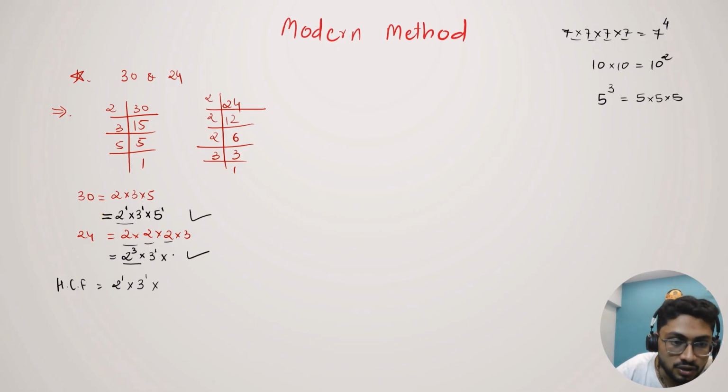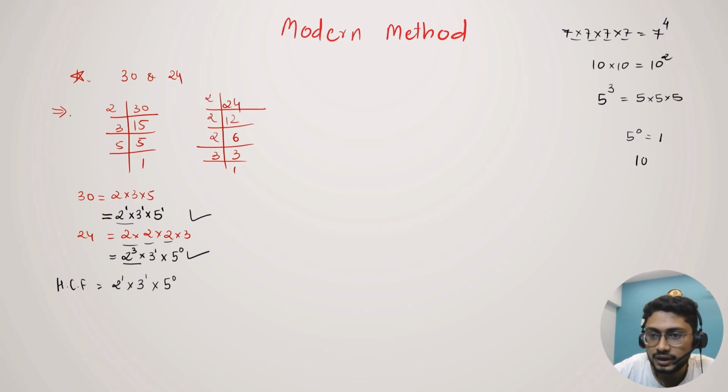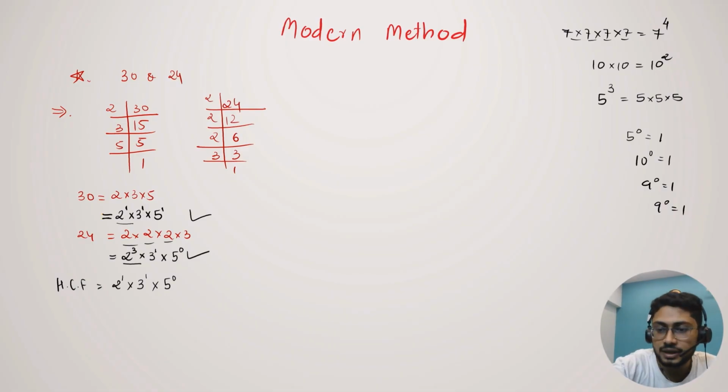No. When we have nothing, you can add 5 raised to the 0. And 5 raised to the 0 means what? Any number having 0 power means what? 1. If 10 has 0 power, 1. If A has 0 power, 1. If 9 has 0 power, 1. Always anything with 0 power means 1. Am I clear? Okay. So what is my answer? 2 into 3 into 1, 2 threes are 6. That is the HCF. LCM directly.